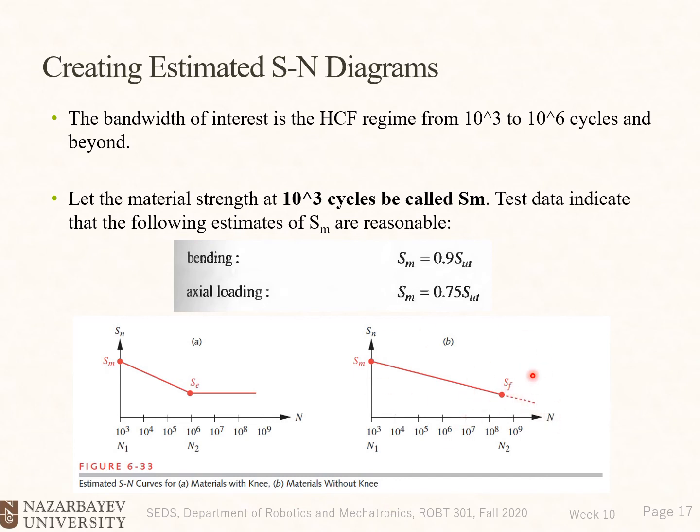Also, for example, for aluminium, we had an estimation at 500 million cycles, and we could find that point at 500 million cycles, almost here, yes, for aluminium.